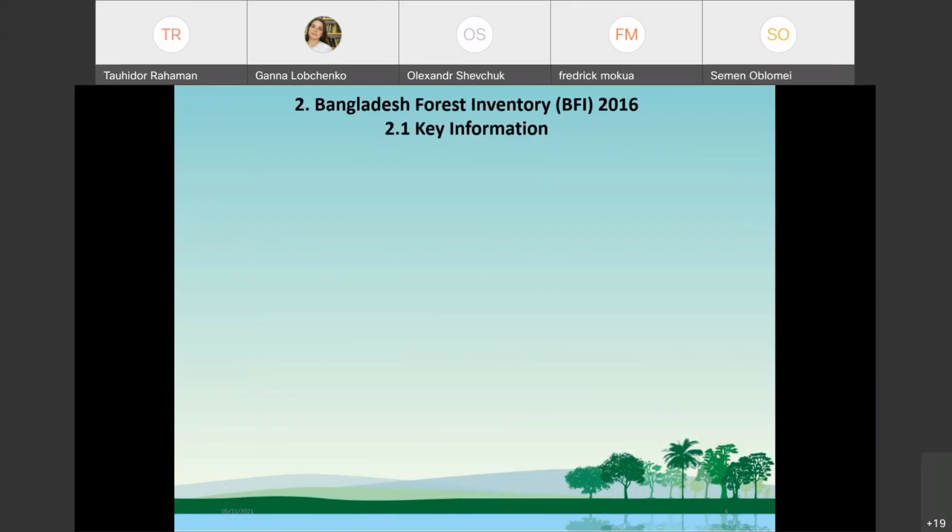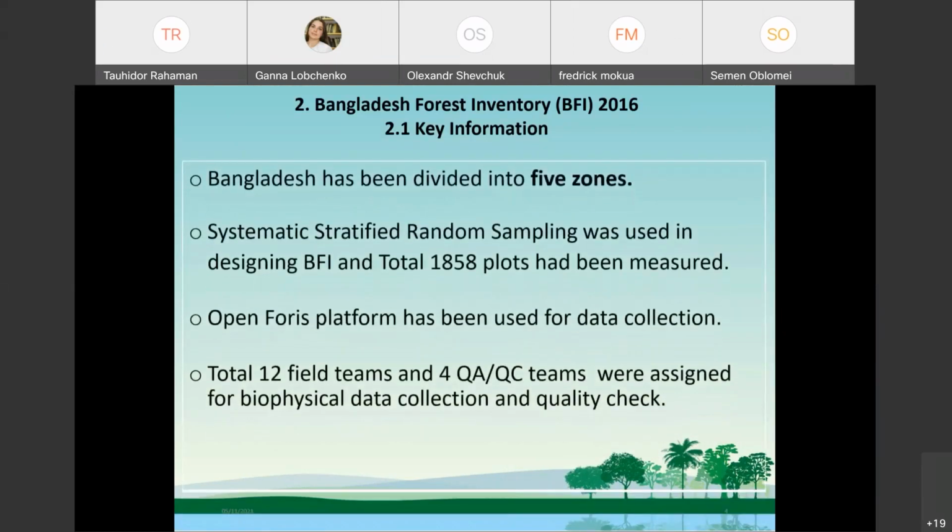The national inventory covered the whole country in 2016. Some key information: Bangladesh has been divided into 5 ecological zones based on the similarity in forest condition, soil type, and some other parameters. Systematic stratified random sampling was used in designing the BFI.